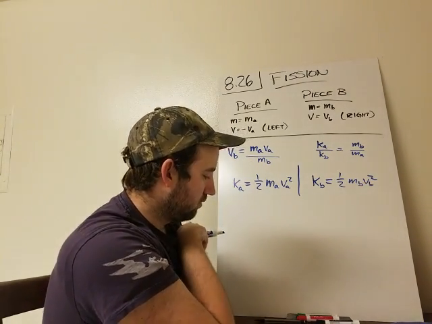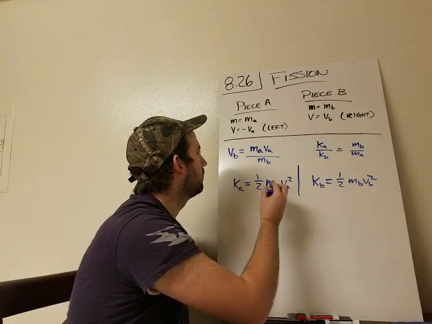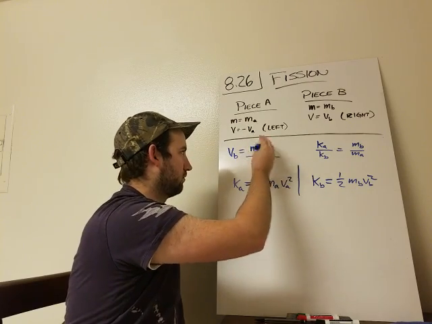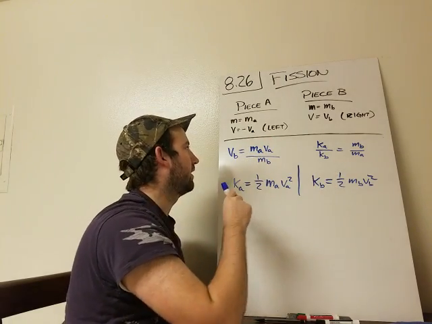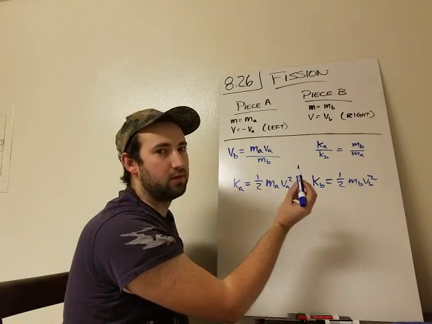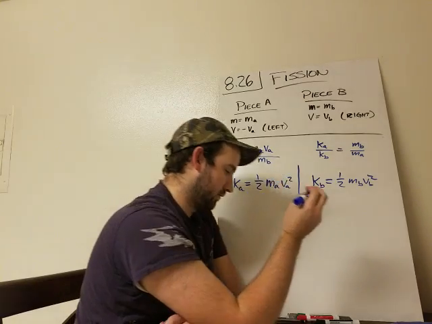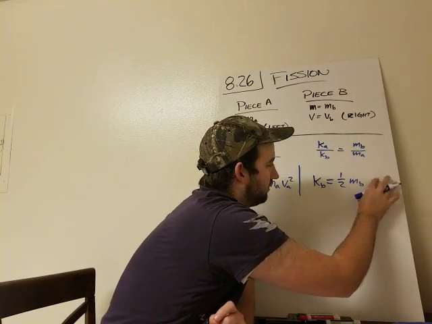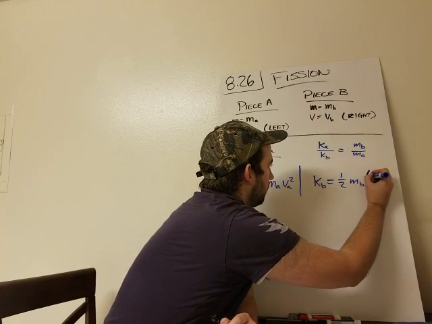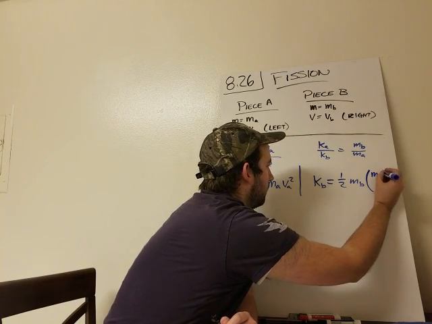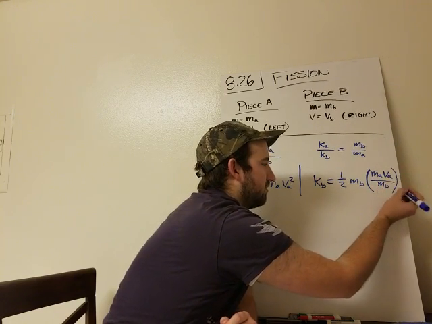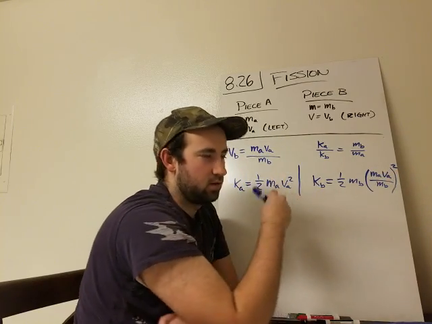Now, since we know from part A that v sub B is equal to all of this, we can plug that in and get rid of the v sub B variable. So we end up getting m sub A v sub A over m sub B, and that's squared.